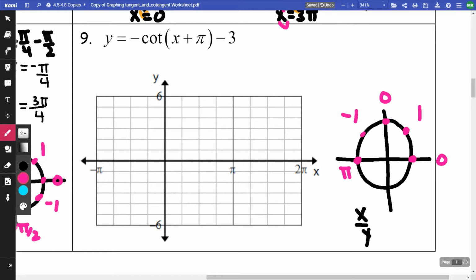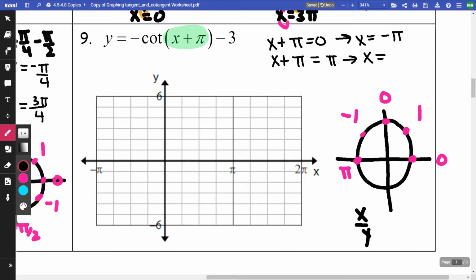Now for this one, I'm going to take x plus pi and set it equal to 0, which gives me x is equal to negative pi. I'm going to take x plus pi and set it equal to pi, and when I subtract, I get x is equal to 0.